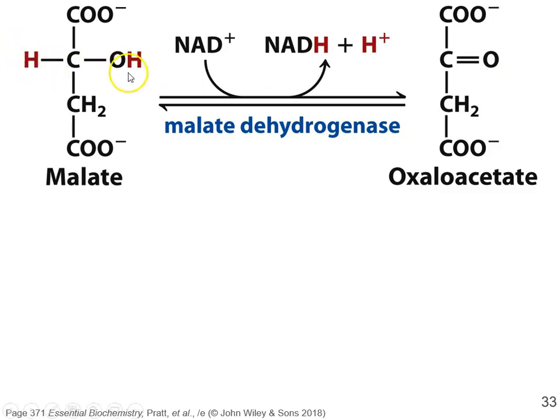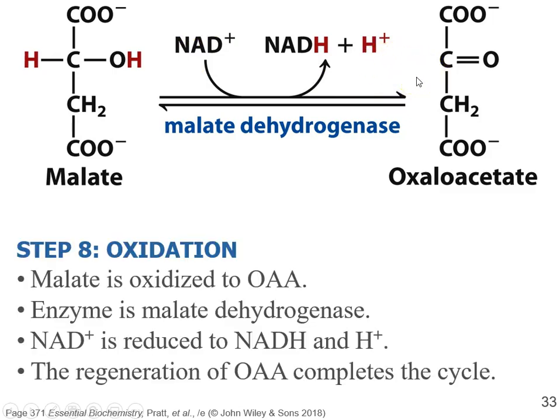This involves the transfer of two protons and two electrons to NAD+ to form NADH and H+, and it is a redox reaction because we have a dehydrogenase enzyme. So we have an oxidation of malate to OAA. The reaction is reversible. We won't regulate the pathway here, and we've regenerated OAA. So this completes the cycle, and we can add another molecule of acetyl-CoA and start the whole thing all over again.